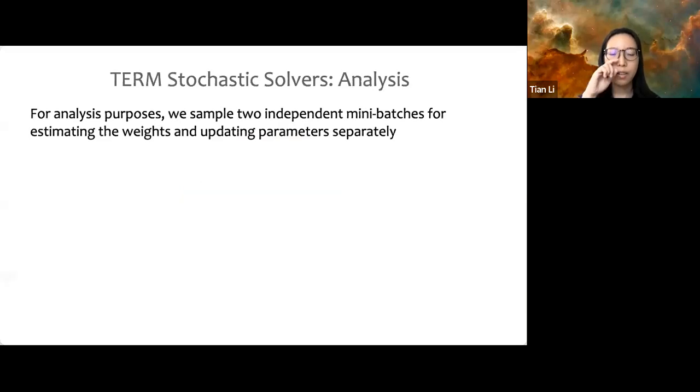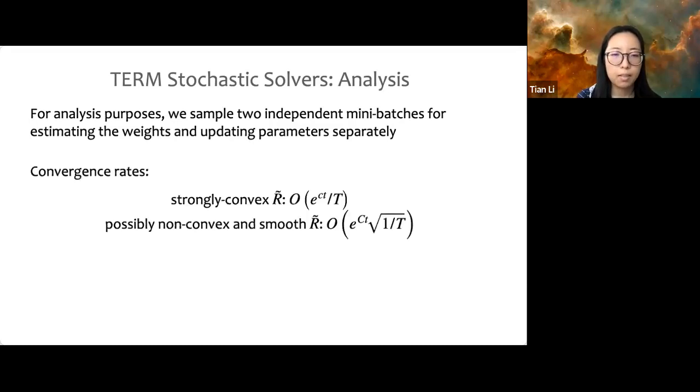Okay. And then what is the convergence rate? For analysis purposes, we sample 2 independent mini batches for estimating the weights and updating the parameters separately. And the rate is as follows. In the strongly convex case, we have e to the power of tc times t over the total number of iterations t, and the rate is this.